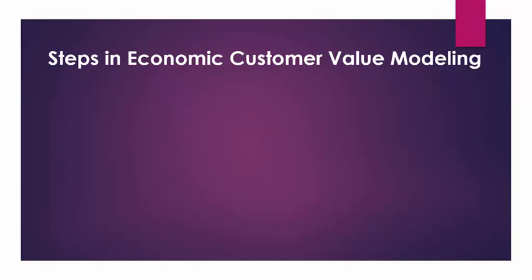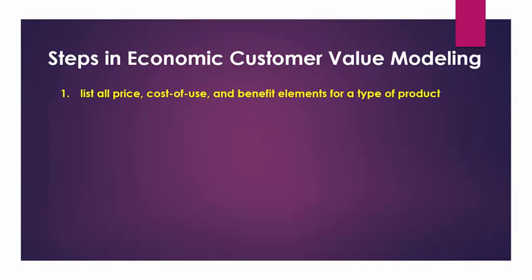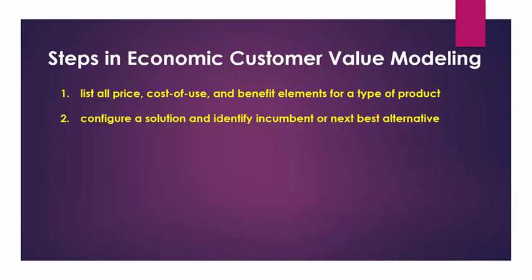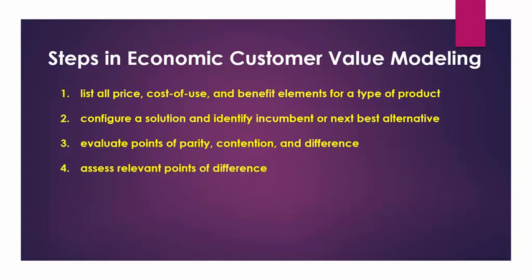Now we're going to go over a series of steps in the economic customer modeling process. So let me just run through these steps now, and I'll come back and tackle them one by one. We start with a list of all price, cost of use, and benefit elements for a type of product. We configure our solution and identify the incumbent or next best alternatives who are going to be our competitors. We evaluate points of parity, points of contention, and points of difference.